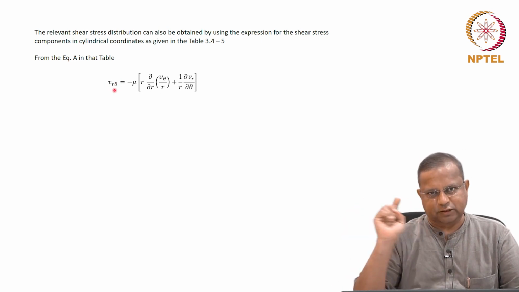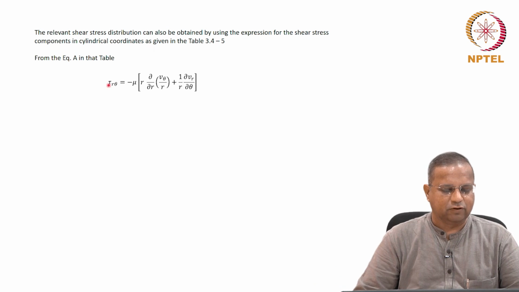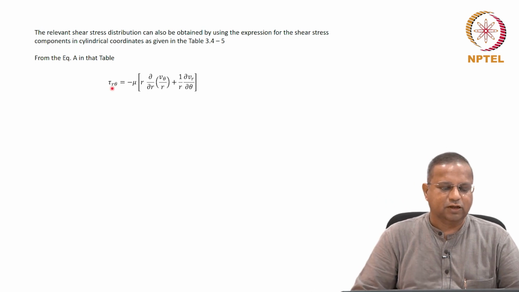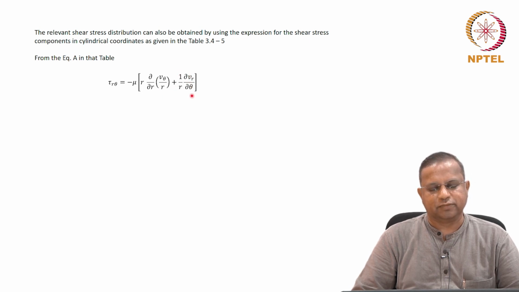Because of the velocity in the theta direction, what is the velocity gradient in the r direction, which causes the shear stress in the r direction. That's what we're looking at. So tau r theta is minus mu r dou dou r v theta by r plus 1 by r dou v r dou theta. Okay. So this is what it is in cylindrical coordinates from that table for a Newtonian fluid.